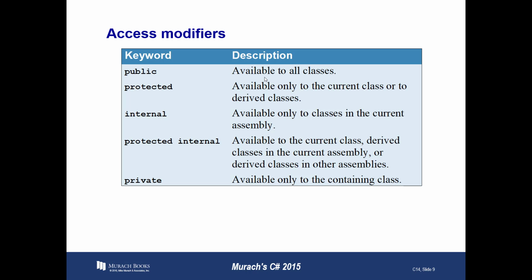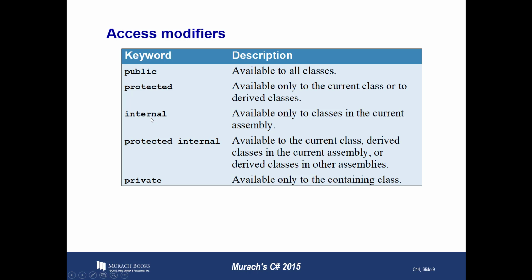All right? Then we've got protected. So if something is public, if I make a class public, and I make everything in that class public, it's available to anyone and everyone. If I make something protected, it's available in the current class I'm in and in any descendants or children. But that's it.